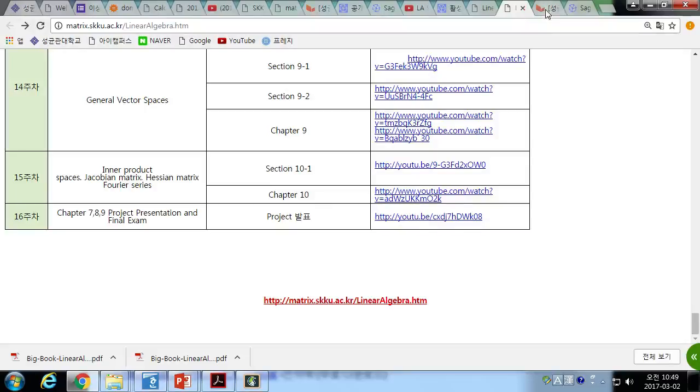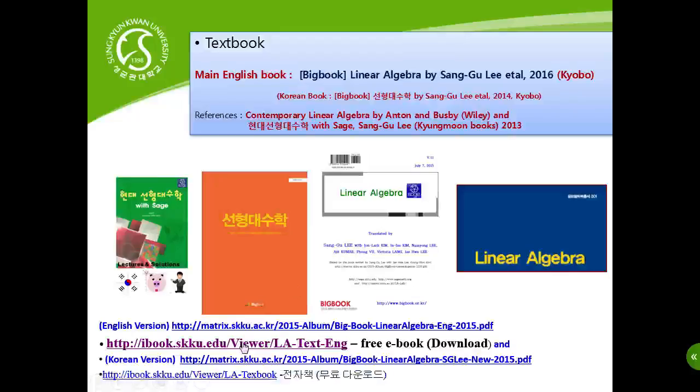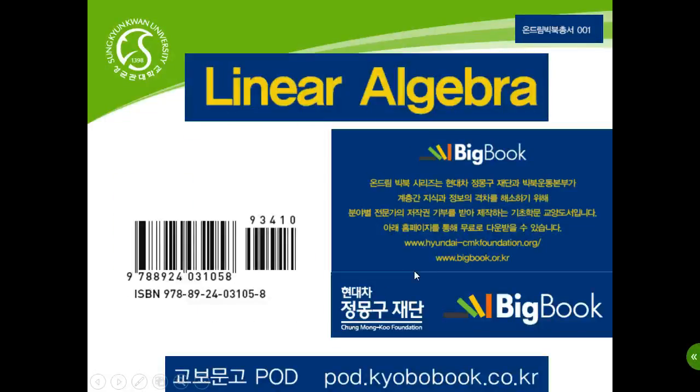And this book was made available for free to you due to the generous contribution of the Hyundai Car Foundation.